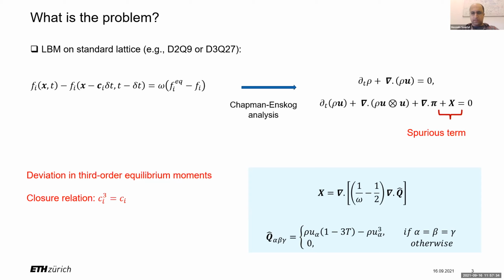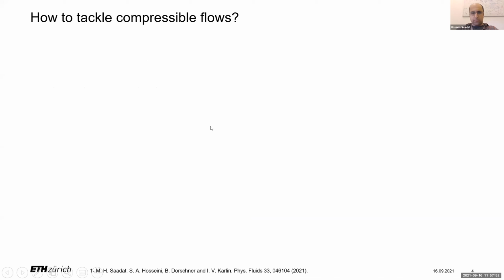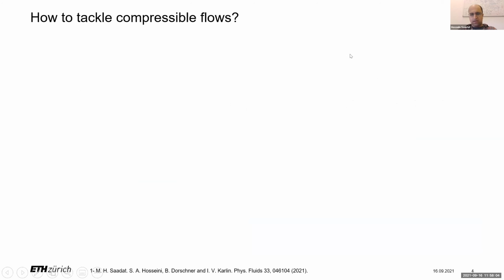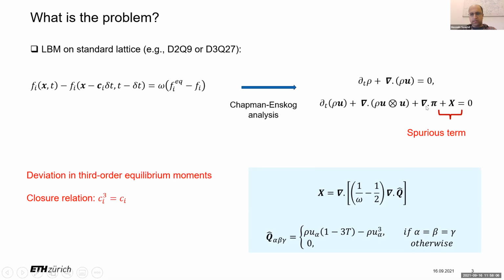If we find the hydrodynamic equations using the Chapman-Enskog analysis, we will see that we can recover the continuity equation correctly in the hydrodynamic limit, but in the momentum equation, there will be an additional spurious term, this X here, which has a form like this.